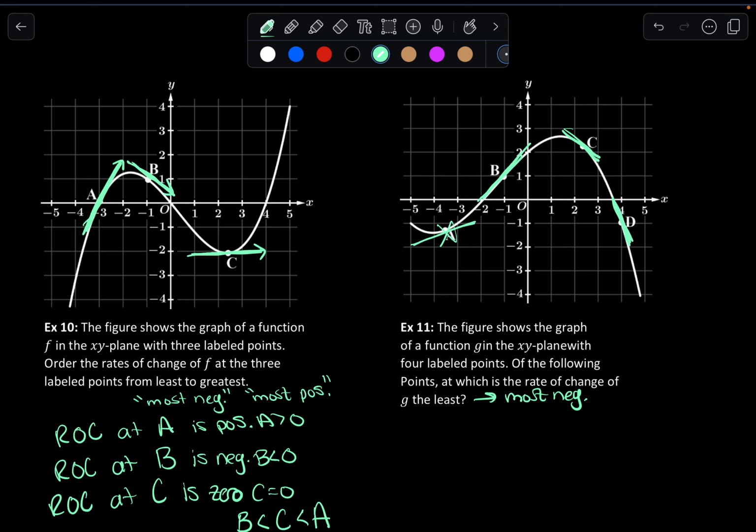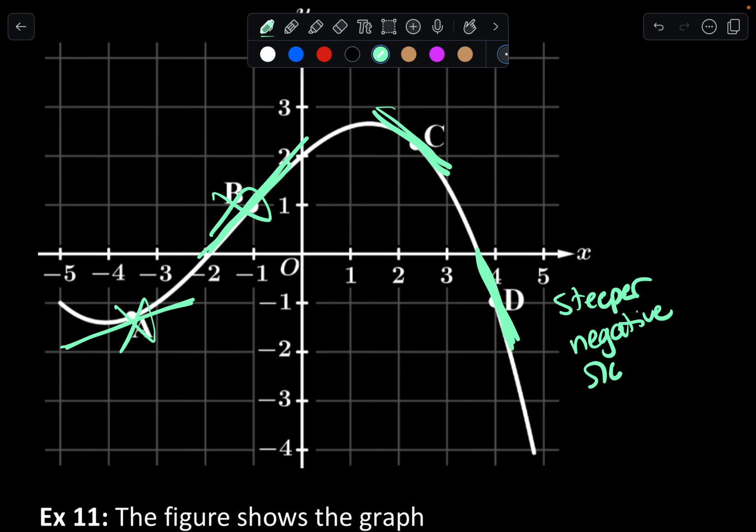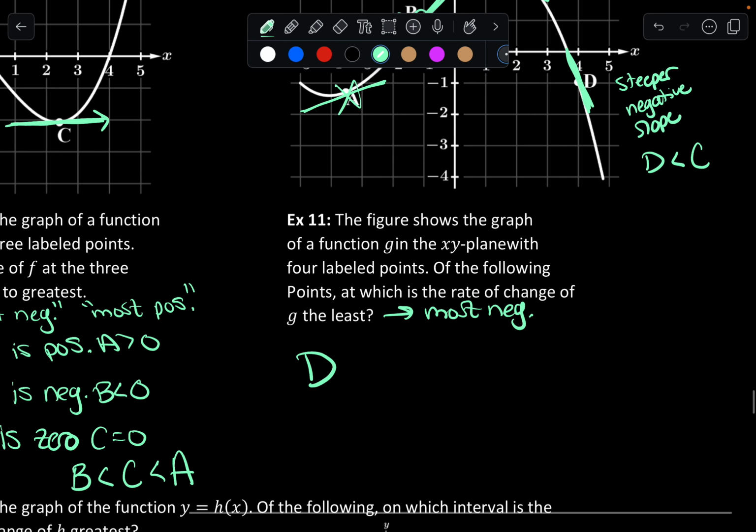Now it's not going to be A or B because we want the least, which is the most negative. But if we zoom into C and D, yes, C is negative, but D has a steeper negative slope. So if we were to find the values for these constants for the slope of these tangent lines, D would have a slope that is less than C. Therefore, the correct answer is D for this one.